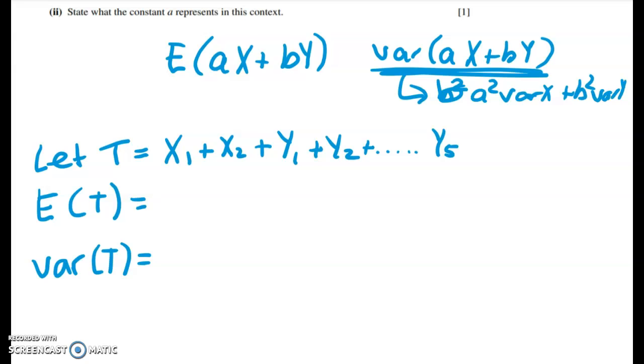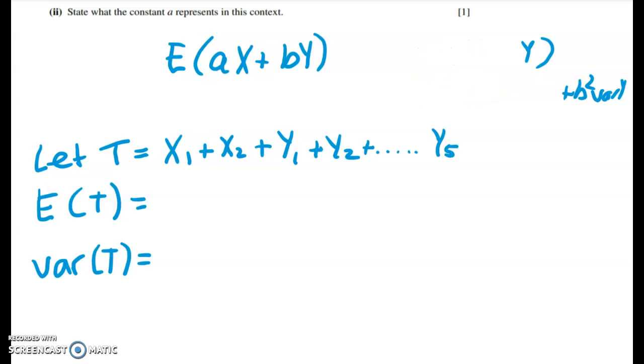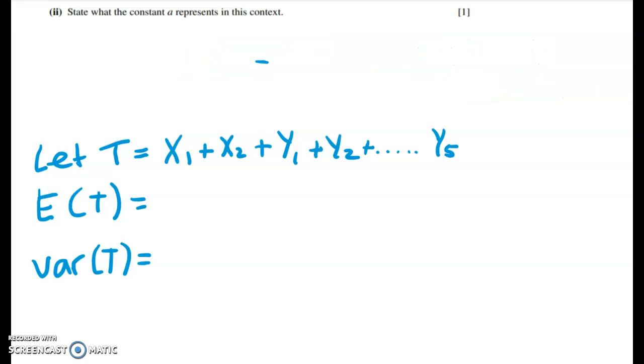But that's not the situation we've got. We've got 7 separate things with variation being put together, and so our variance is going to be the sum of those variances.